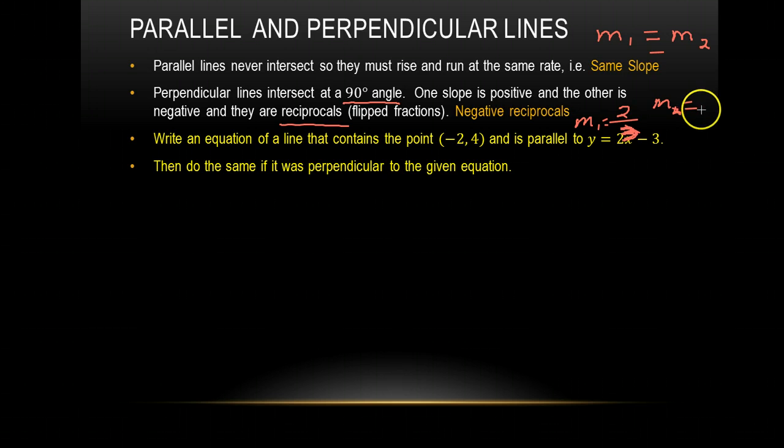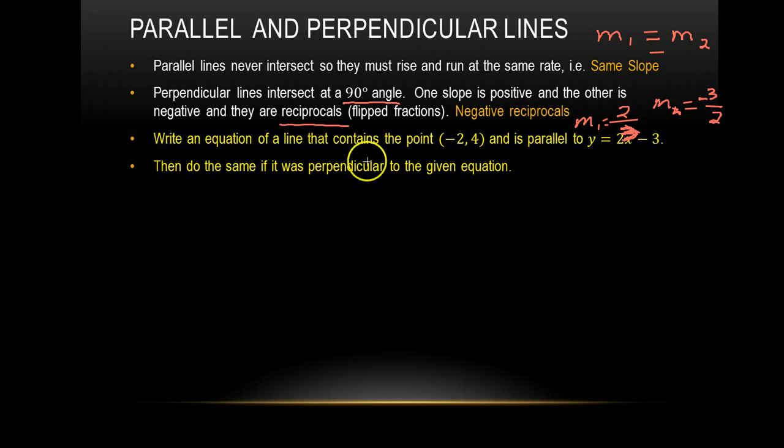And because 2/3 is positive, this one would have to then be negative. You can tell that two slopes are slopes of perpendicular lines because if you multiply them, you will get -1. But with all that said and done, let's go through and do an example here.